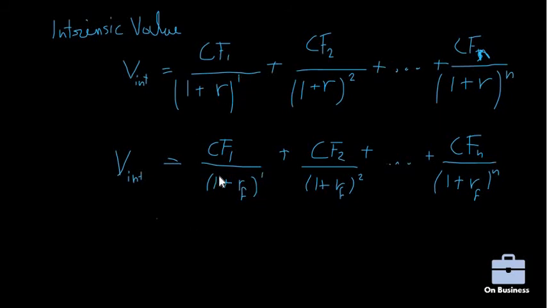Therefore, we notice here 3 things. A, if something does not affect the cash flows or the riskiness of the cash flows in a firm, then it cannot affect the value of a firm.